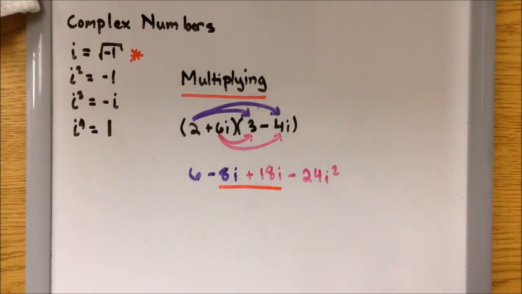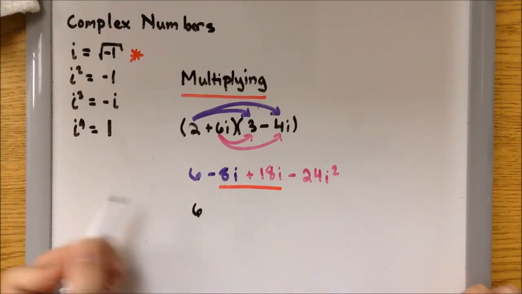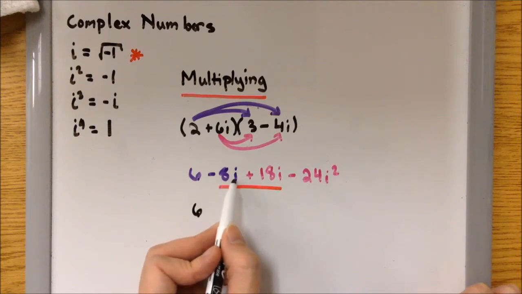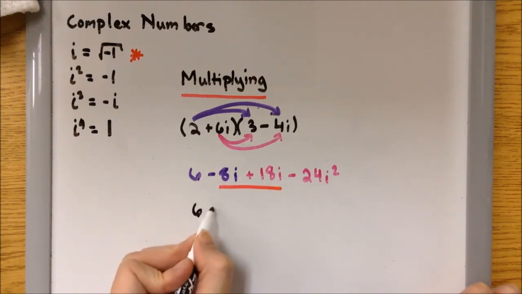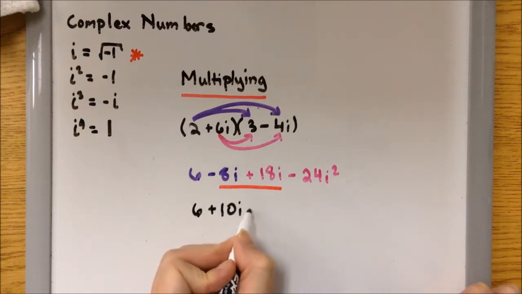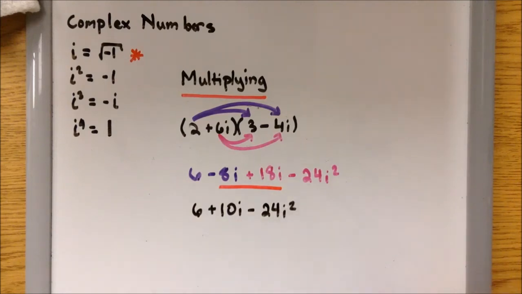So when we are combining like terms, we're not messing with the 6. The 6 stays the same. But we are combining negative 8i plus 18i, which is just plus 10i. And then bring down the negative 24i squared. And we still have to simplify because i squared equals negative 1.